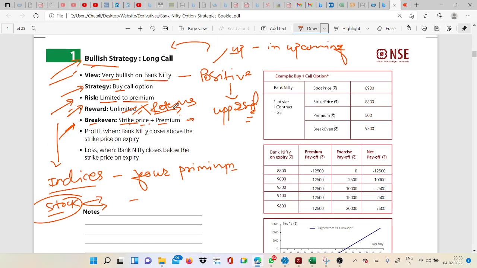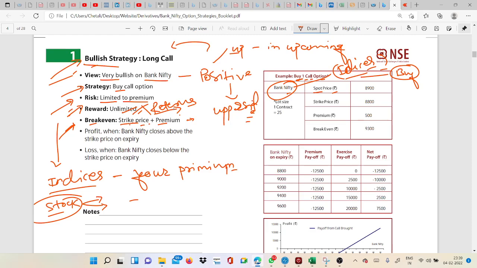Okay, let's say this is Bank Nifty, which is one of the indices. For the freshers, I just wanted to write this, indices. Okay, so we are looking to buy one call option. Call means basically it's a buy position. Okay, to buy something.